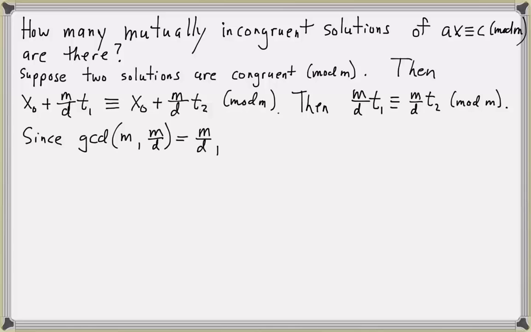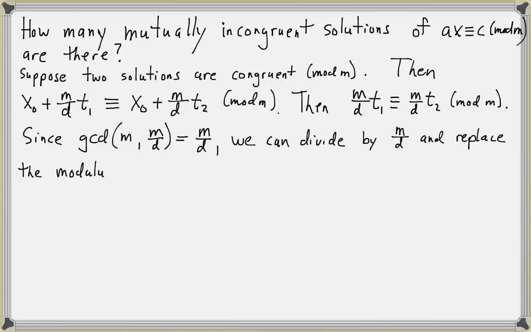Okay, so we can divide by m over d and replace the modulus by, well, if I take m, I'm going to have to divide it by m over d, and that reduces to d.